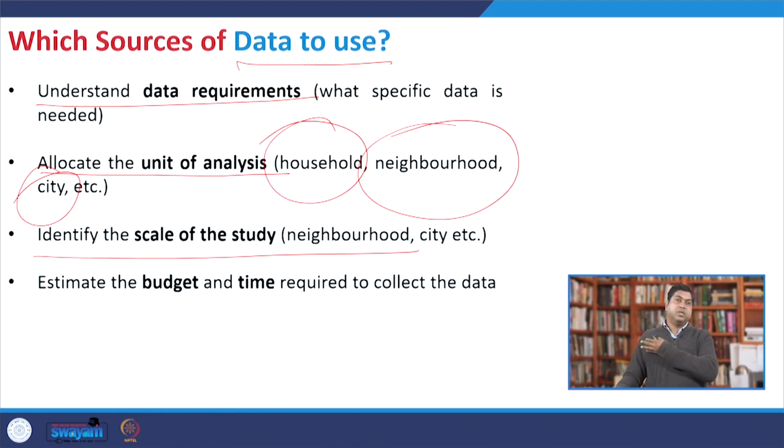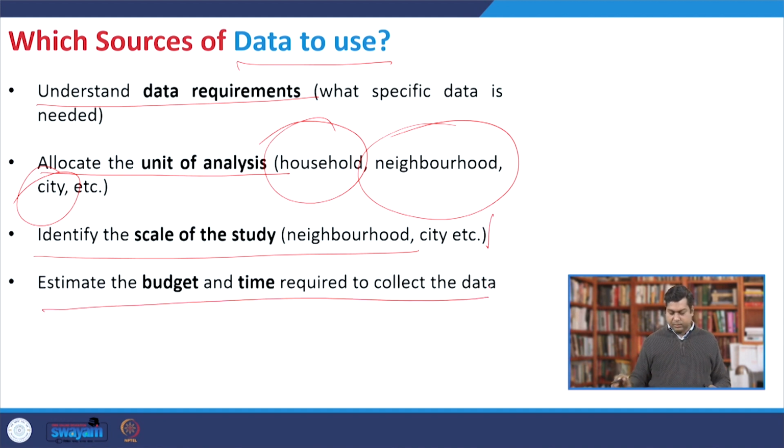That information is either supplied by co-authors who belong to different countries, or available from secondary sources, or the primary data collection is done in different cities or different countries and then compiled. So that we need to understand.